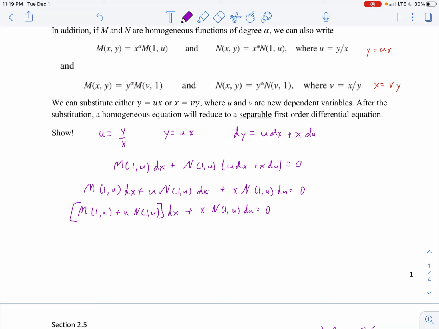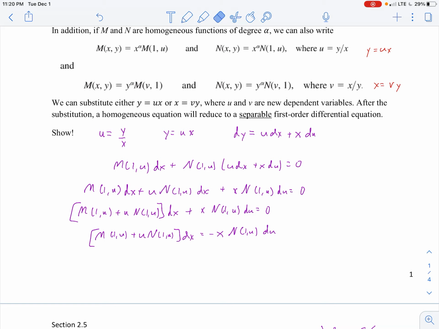And now I want to put one term on the right side, so I'm going to bring that plus x times N of 1, u du to the right-hand side. So I'm left with M of 1, u plus u times N of 1, u, dx on the left-hand side, and on the right-hand side it's going to be minus x N of 1, u du.